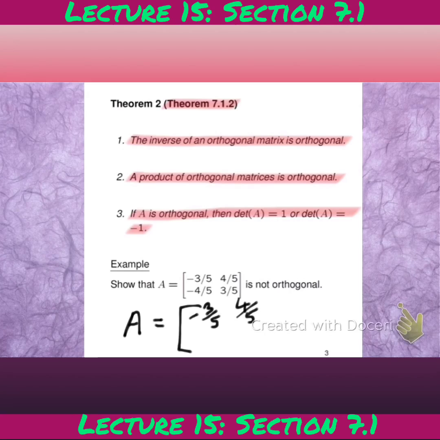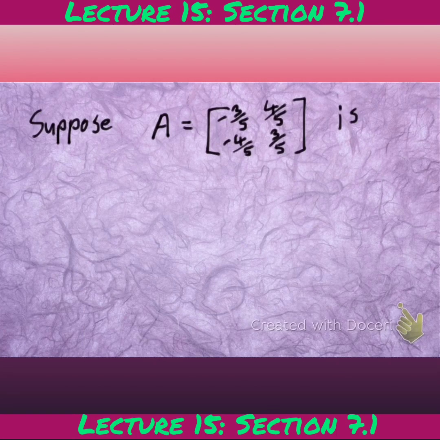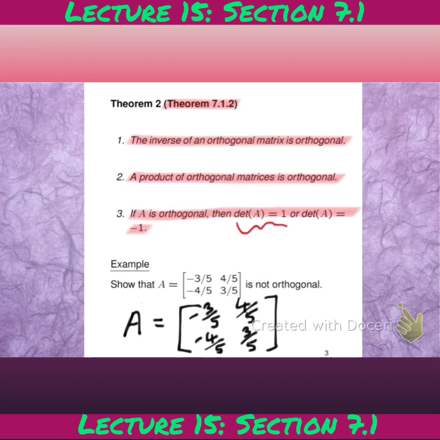Let's assume for argument's sake that A is orthogonal. Then by my result, the determinant can only be one of two things, either 1 or minus 1.